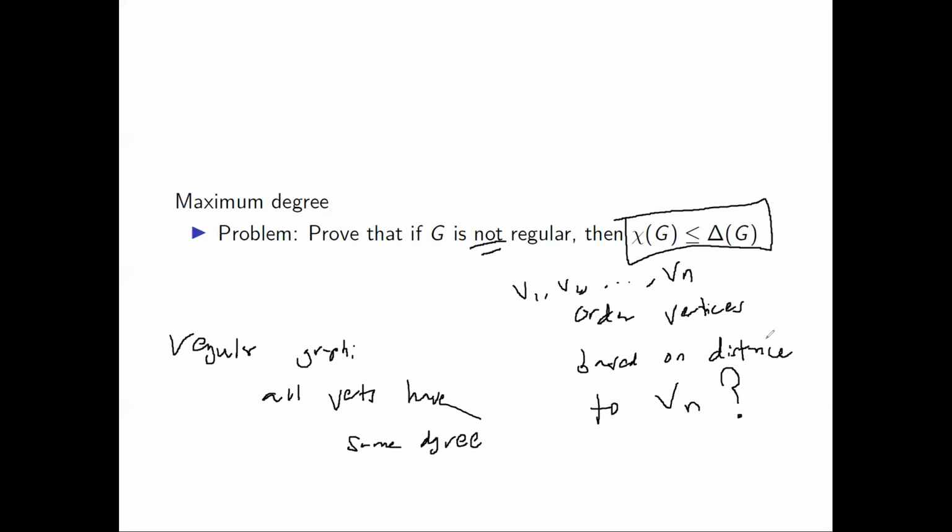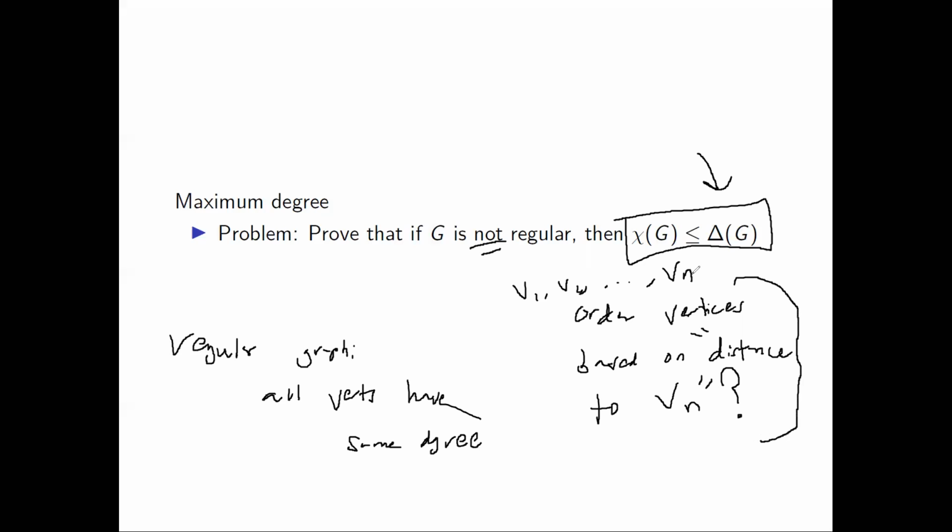And if you order them like that, can you show that you only have to use maximum degree colors? So can you show that there will only ever be at most maximum degree minus 1 colors that are used as you go through the list of vertices, assuming that you order the vertices in a less arbitrary way, where maybe the way you want to order them is related to what I wrote here about the distance to this vertex Vn, this last vertex.